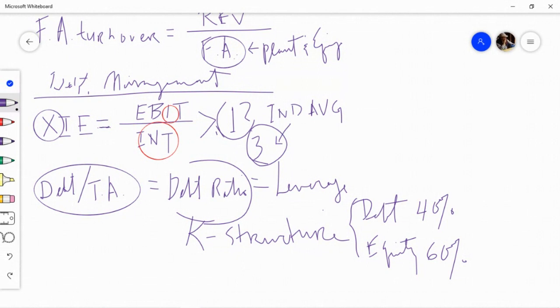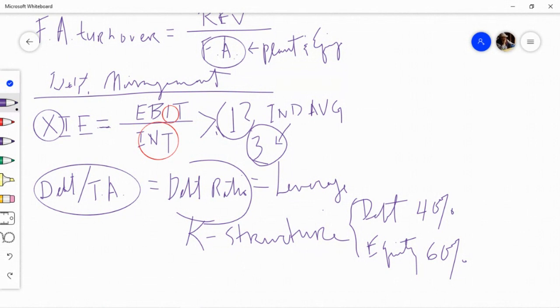If your number is above the industry average, you're in good shape. If your number is below the industry average, then you're not in good shape. You better raise this ratio.